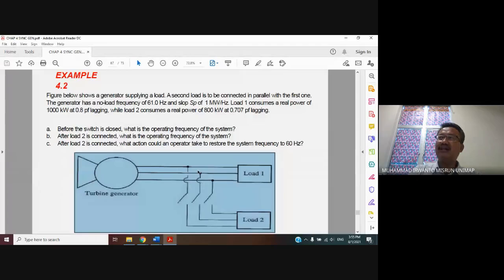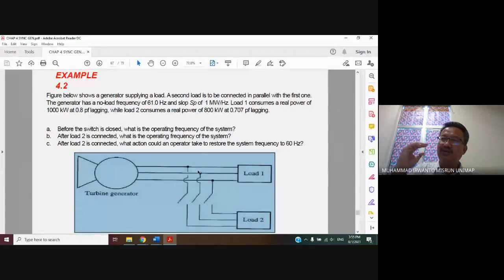Ya, adakah dia perubahan? Sepatutnya based on our theoretical ada. Kalau ada tambah load, sepatutnya dia frekuensi akan turun. Kalau dia tadi 60 atau 50, kena maintenance lah dekat 50 atau 60 Hz.